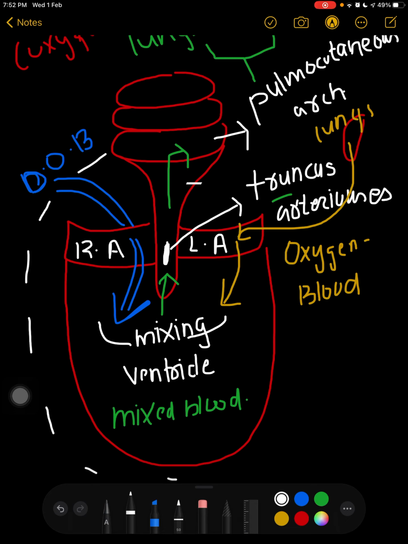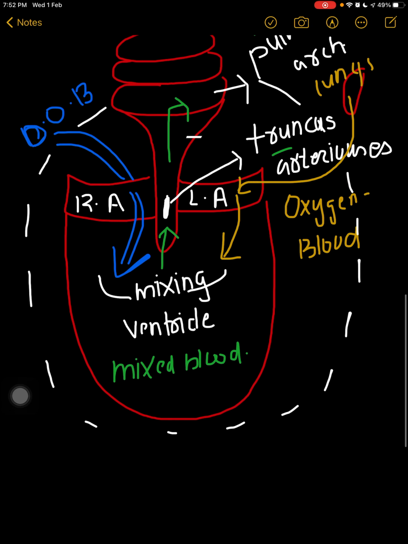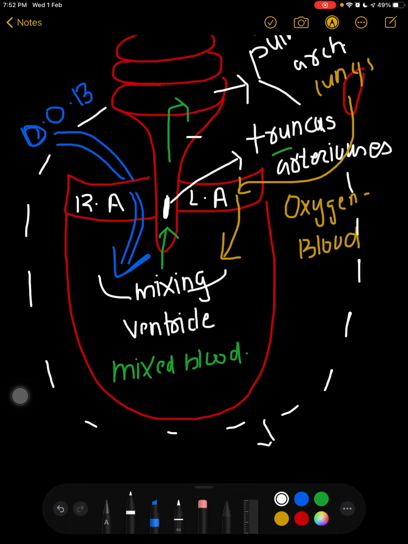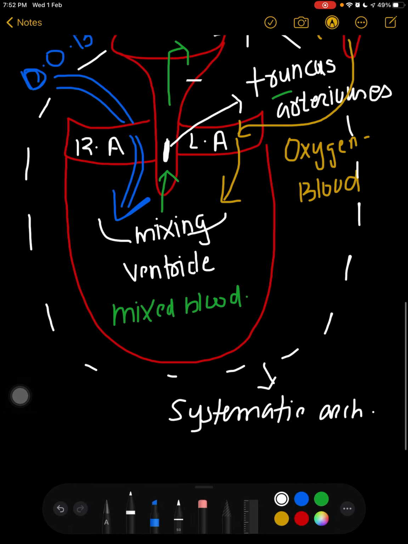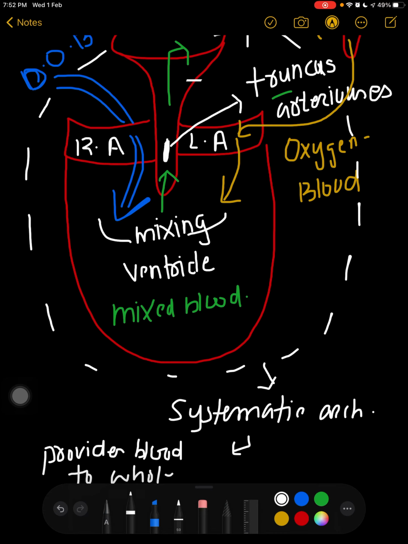And from here, from pulmocutaneous arc, there is another arc which arises, which is moving in the whole body. Let me label this over here. It is known as systematic arc, right.